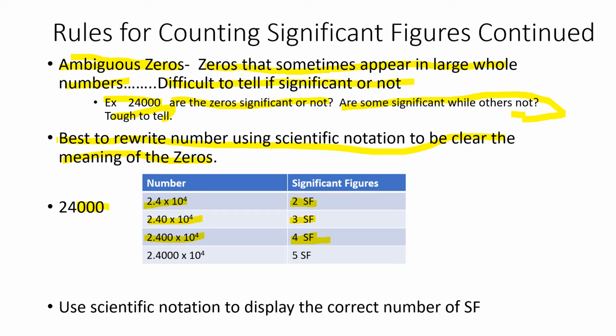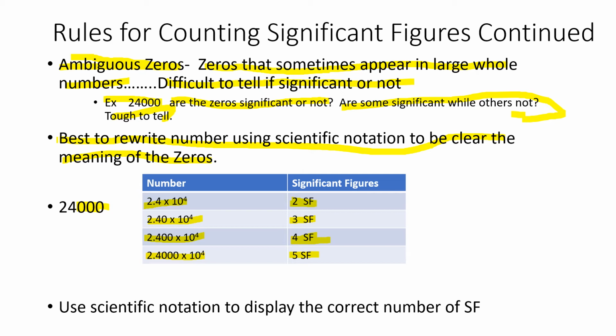If I need them to be significant, when I rewrite the number in scientific notation, those ambiguous zeros are now becoming trailing zeros, which are perfectly clear to the reader that, hey, these are meant to be significant. If I need all of them to be significant, I can rewrite that way: 2.4000 times 10 to the fourth, I'd get the five significant figures out of here.